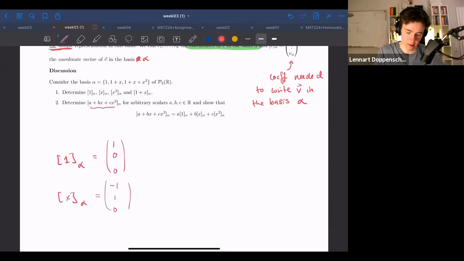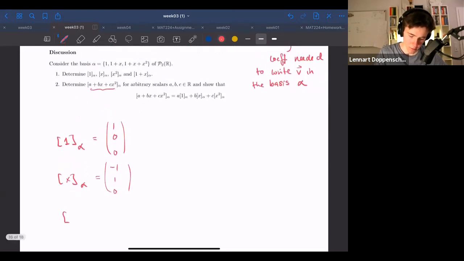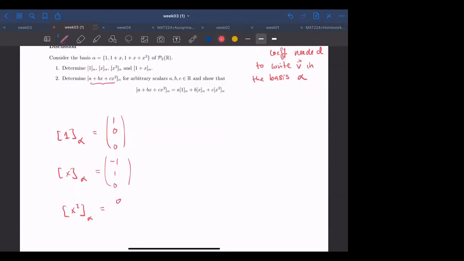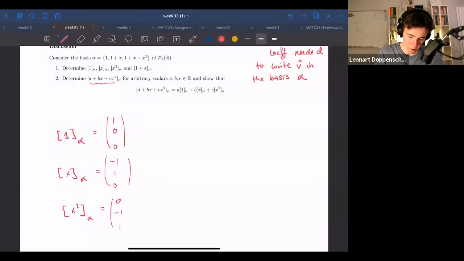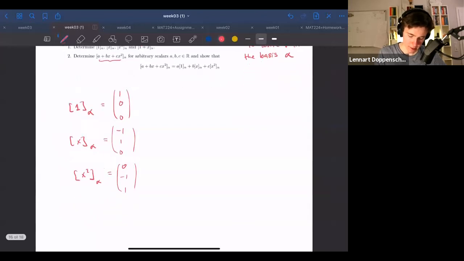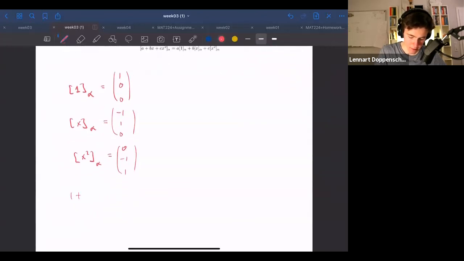Yes, correct. What is the next one? x squared. 0, -1, 1. And the last one, 1 plus x. Yes, 0, 1, 0. Someone wrote in the chat.